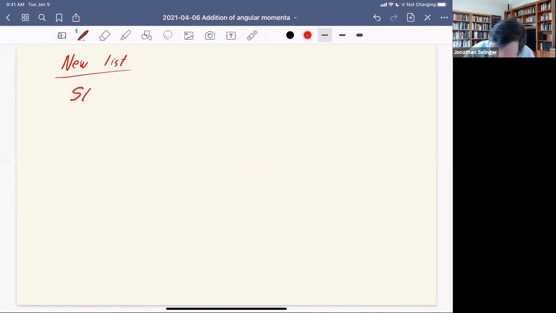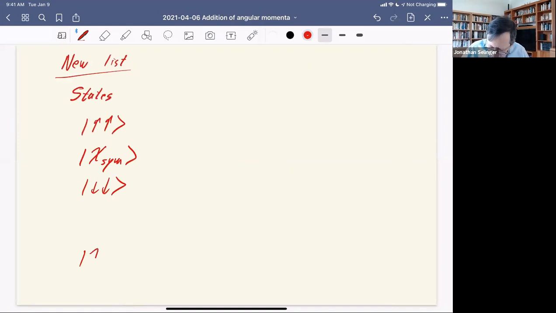I'll put up up, chi-symmetric, and down down, and then separately, I'll write chi-antisymmetric.